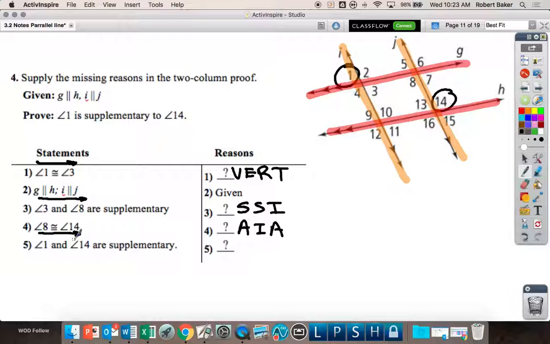If it's repeated, it's deleted, right? So all those are connected. 1 goes to 3, 3 goes to 8, 8 goes to 14. But it's really the congruent supplements theorem, which you guys have never heard before, right? The congruent supplements theorem.